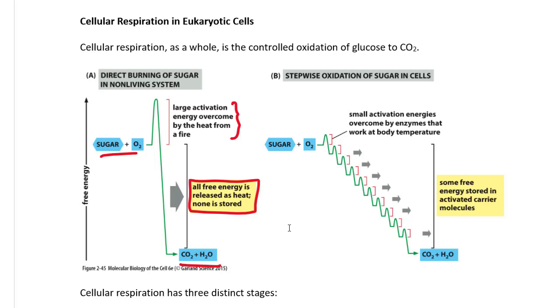So what cellular respiration does is the exact same thing as full oxidation of sugars and other molecules to CO2 and H2O, like combustion would do, but it does it in a stepwise manner. So you're starting basically at the same place, you're ending up in the same place, but you're doing it in a very stepwise manner where you have smaller energies of activation, EAs, and you get to harvest some of the energy that is being released by each of these reactions.